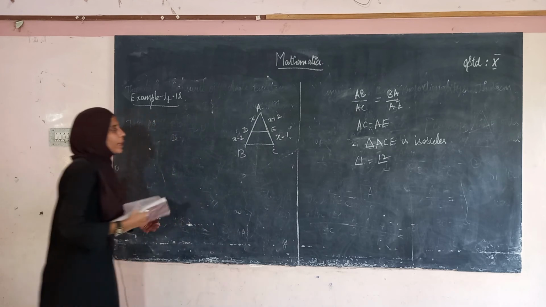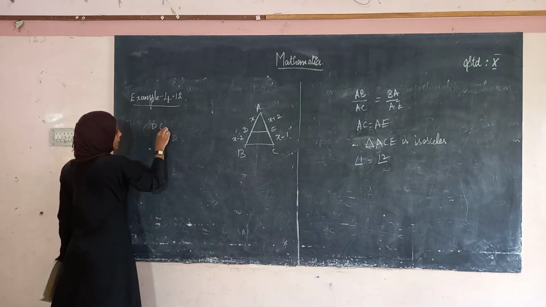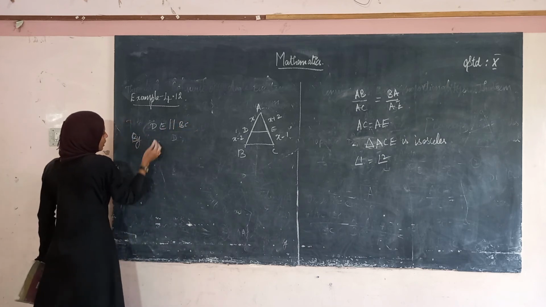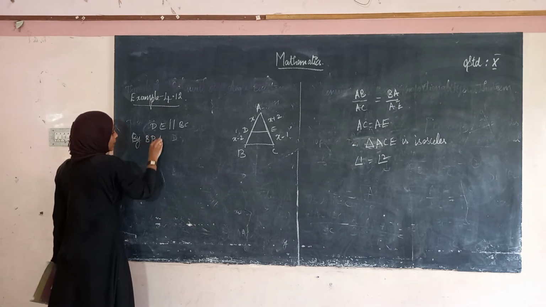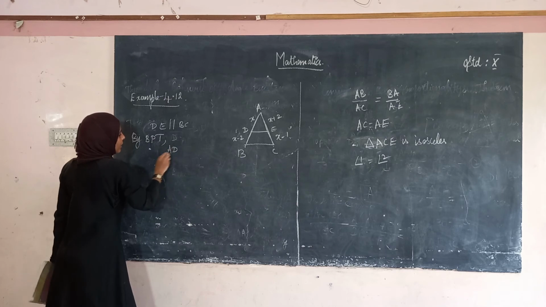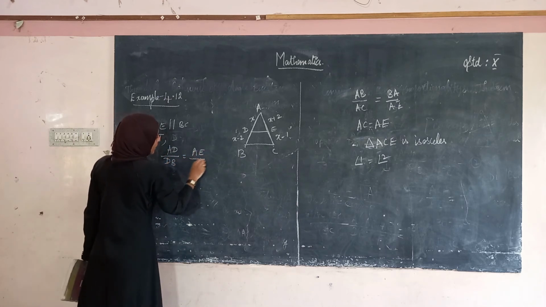Given that DE is parallel to BC, you can use either Thales theorem or the basic proportionality theorem. BPT means basic proportionality theorem. We write AD divided by DB is equal to AE divided by EC.